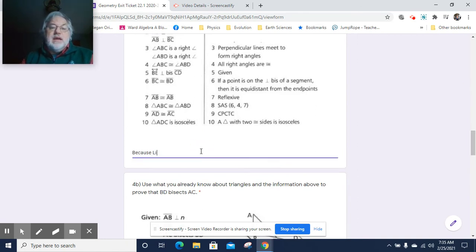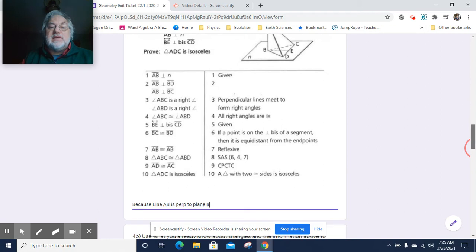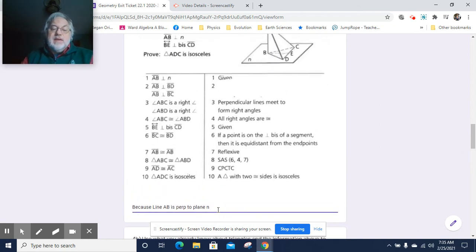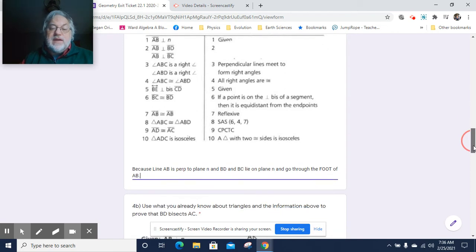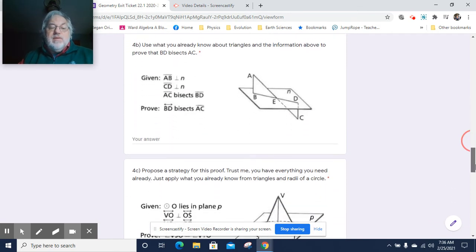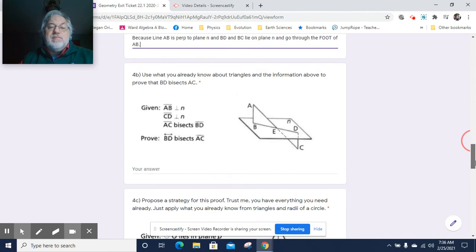Because line AB is perpendicular to plane N, and BD and BC lie on plane N and go through the foot of AB. And that's all you need for that. That would prove that.